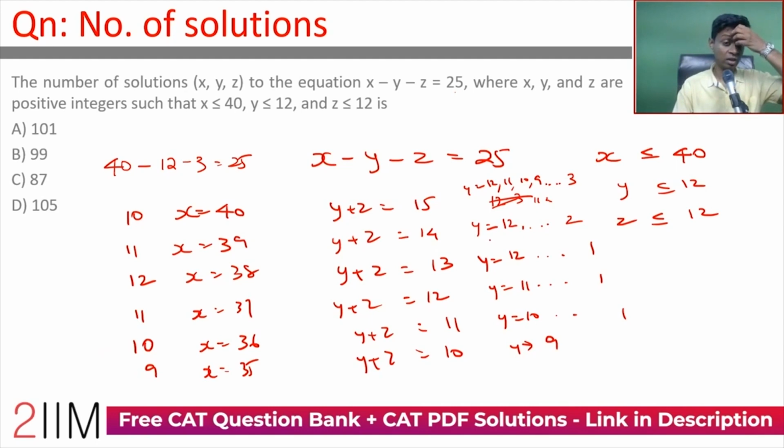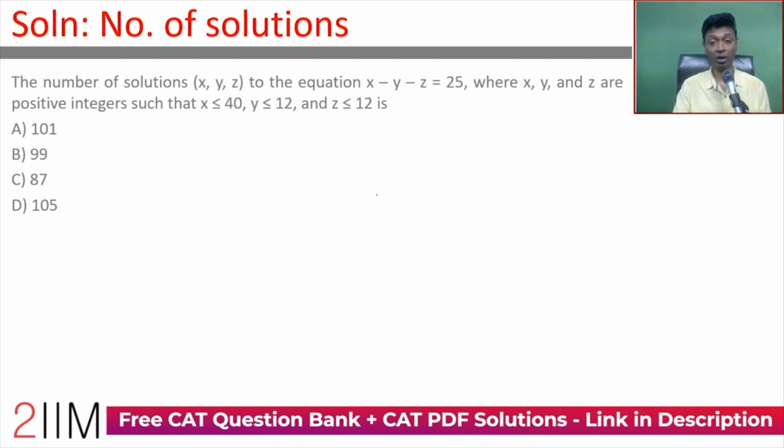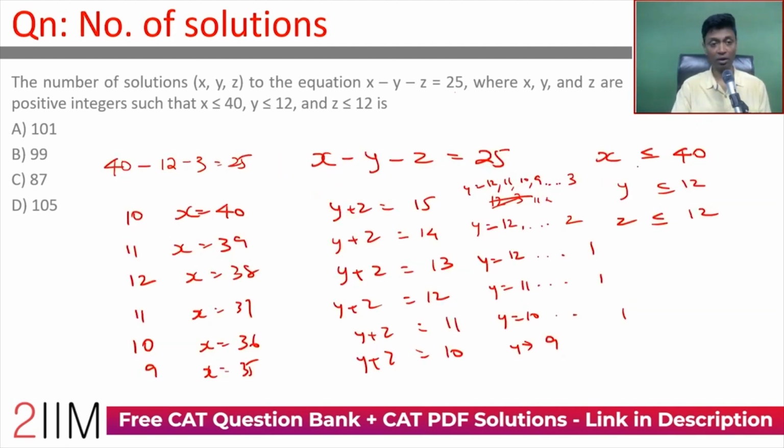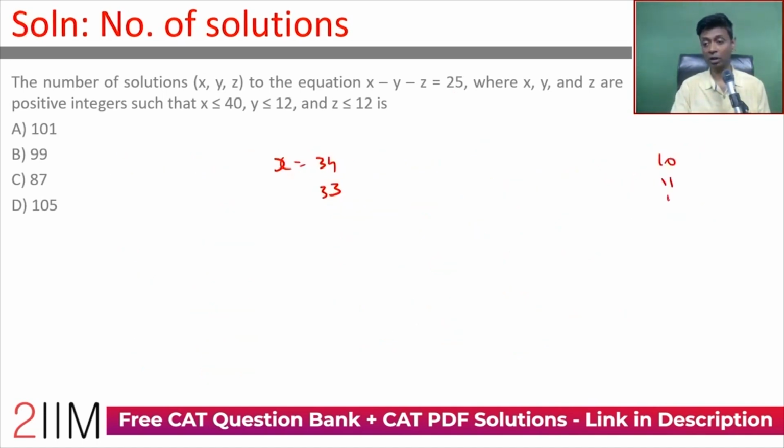I'm going to go to the next slide. What we have here is the number of values that can be taken. We've done till x equal to 35. I'm going to go from x equal to 34, 33. The values we have here: 10, 11, 12, 11, 10, 9. X equals 34, y plus z should be equal to 9.